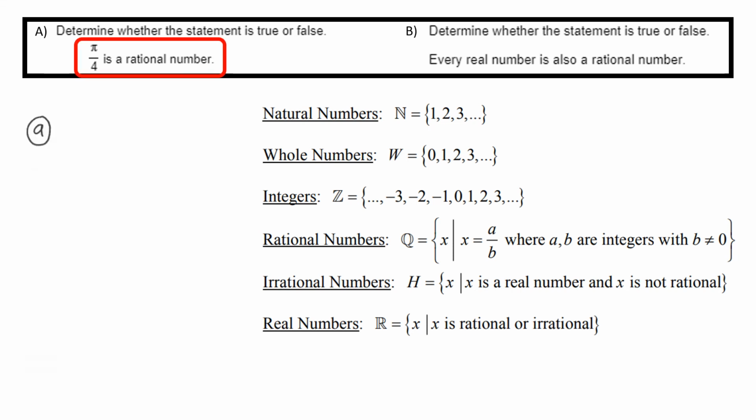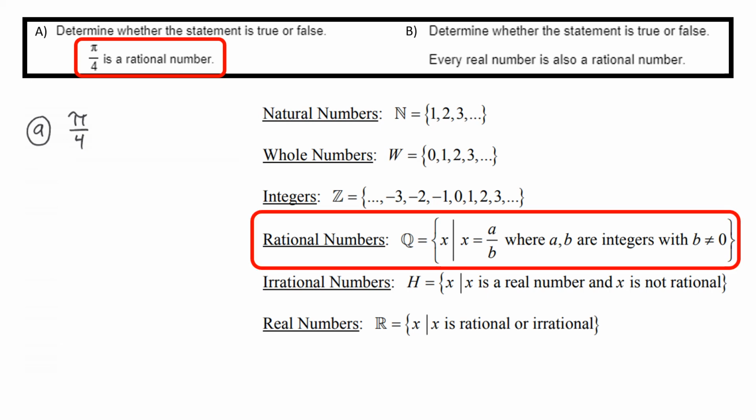Part A says, pi over 4 is a rational number. If we think about pi over 4 and the definition for rational numbers, notice that pi over 4 is of the form a over b.